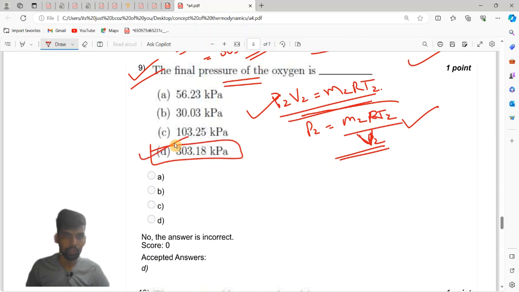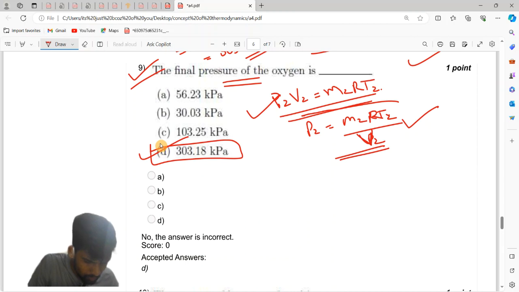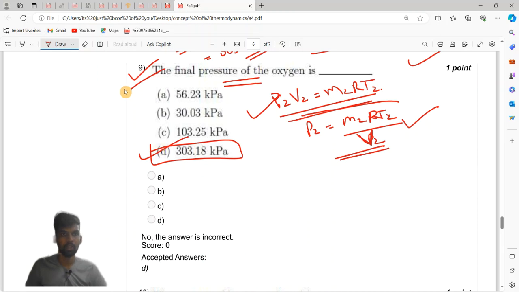Once you solve, you will get this answer. And let me also tell you the value of R. The characteristic gas constant for oxygen is 0.2598 kilojoule per kg Kelvin.